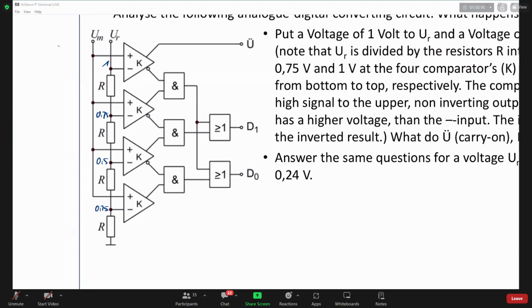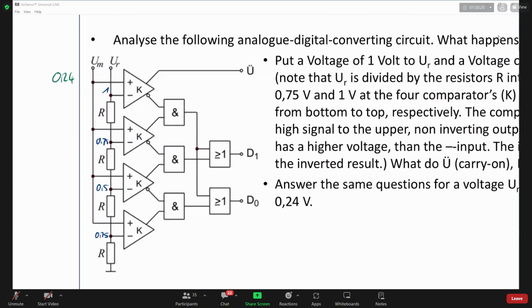And you have here 0.24. So 0.24 is smaller than 1, smaller than 0.75, smaller than 0.5, and smaller than that. So you have 0, 0 at the output.